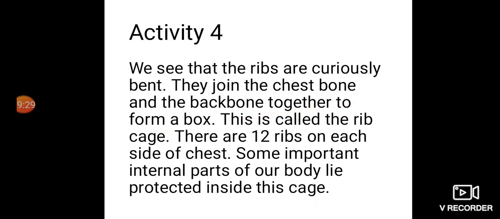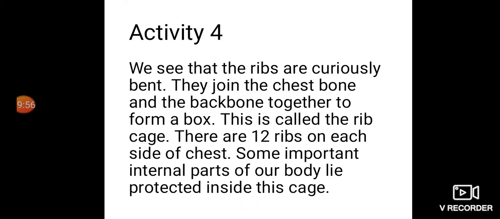So what is this called? It is called the rib cage. There are 12 ribs on each side of the chest. And some important internal parts of our body lie protected inside this cage.